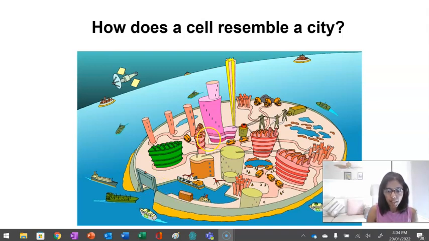We have power plants, and these power plants make the city function or your cell function. We have factories that manufacture what we want. We have a central location where all that information is stored, and we have little transport mechanisms that allow things to move into and out of the cell or within the cell itself.